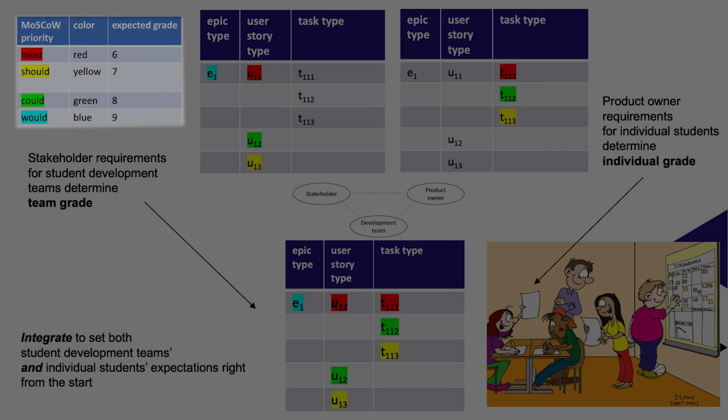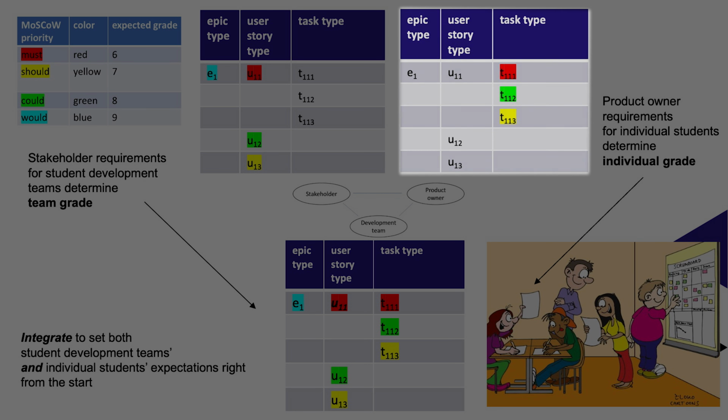At the top left you can see that the team grade is preliminarily determined by the stakeholder, who sets priorities in the epic types and user story types by using the colors. The stakeholder does not interfere with the task type, so the stakeholder determines the team grade that is going to be awarded by the student teams.